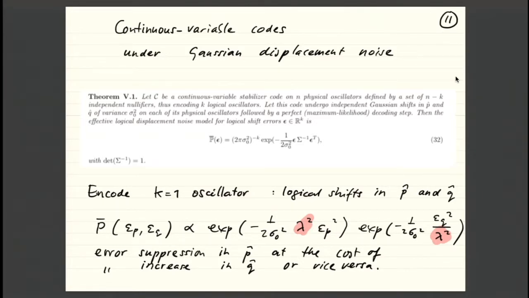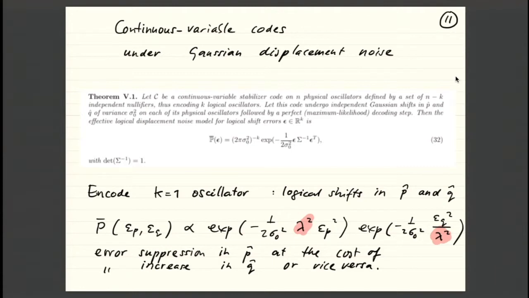Okay, so now let me summarize, and maybe again it's too small probably. This results on continuous variable codes, so let me read this out. A continuous variable code has n physical oscillators, like a torus code has n qubits on my torus.